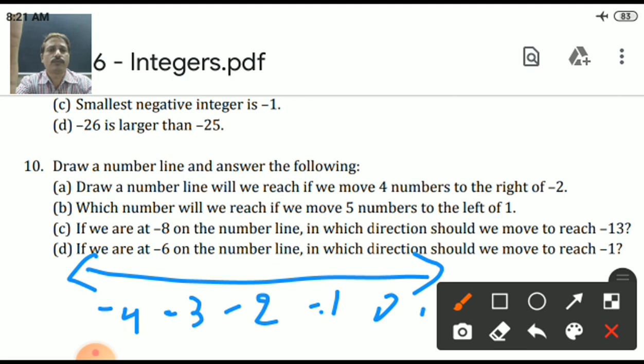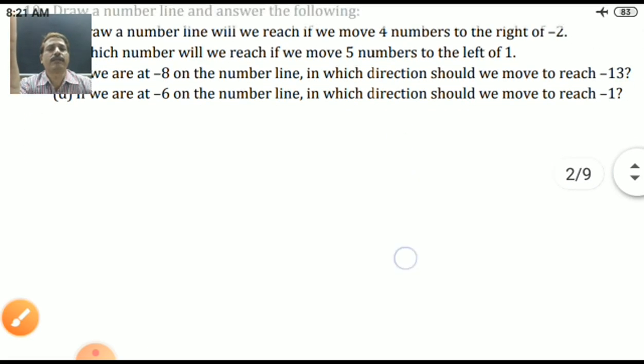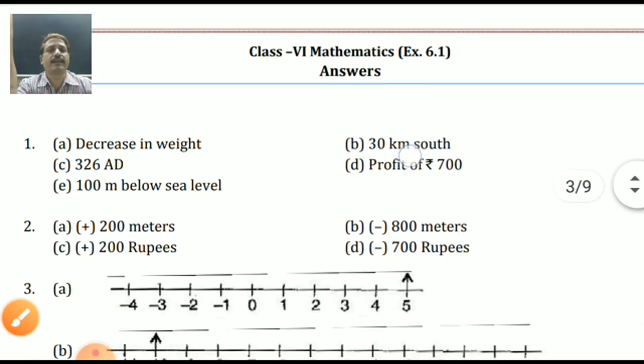Okay, you are there on 2. You are standing here on 2. 4 steps. So here you jump 1, 2, 3 and 4. 0, 1, 2. You reach on the 2. Yes or no? Easy. Like that way you can solve the answer. See, the answers are here.